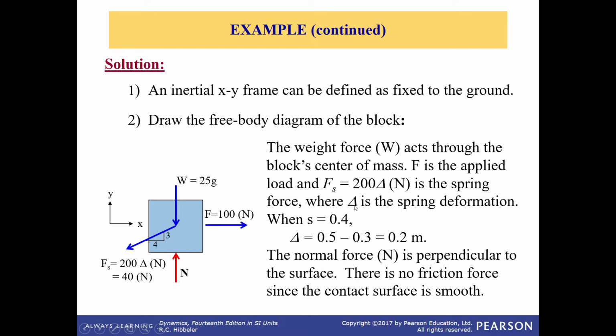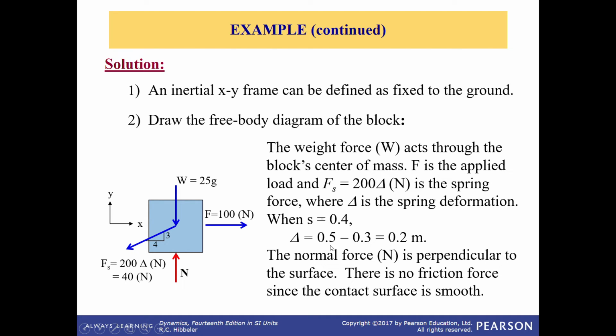They mention S in terms of delta, because there are changes in displacement, or in this case the spring deformation. So when S equals 0.4, the change in the spring length is 0.5 minus 0.3, which is equal to 0.2.